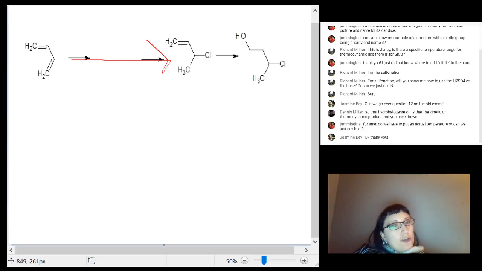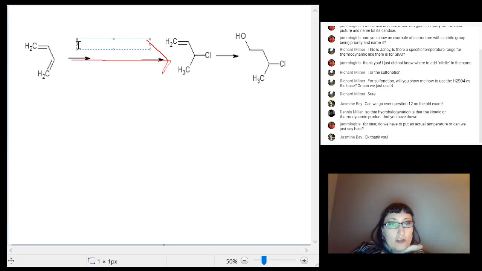So over your first arrow there, you're basically going to need to do a kinetically controlled electrophilic addition reaction of HCl. So HCl, and then you need to keep it really cold, so like 0 degrees Celsius.